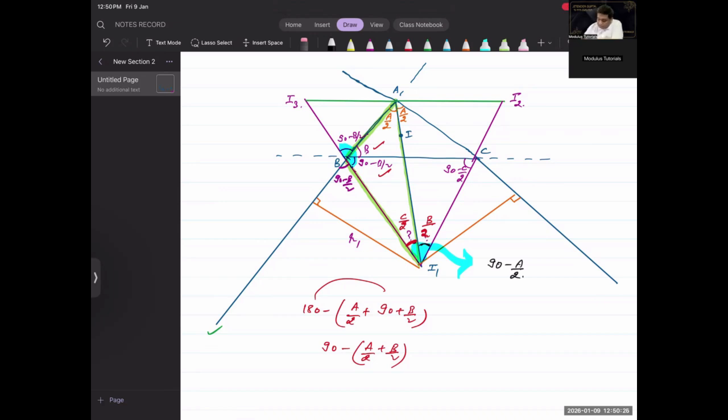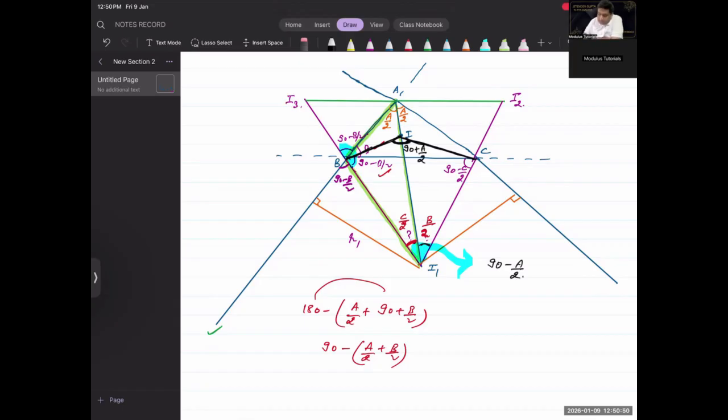Now, if you may join B with I, and I with C. If you notice this also, in the Incentre also, you can prove it again, but otherwise no need. It's up to you. See, this angle we had proven is 90 plus A by 2.